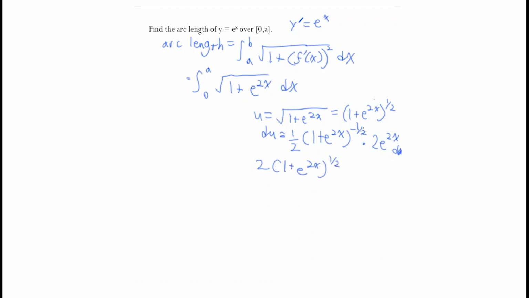Because that's a negative exponent, it's supposed to be a denominator, so to cancel that on this side, we need to multiply by it as a numerator. And then we divide everything by 2e to the 2x to get rid of that. So then du is equal to dx. So this entire thing over here is equal to dx. We can cancel out the 2's here. And then on to the next phase.